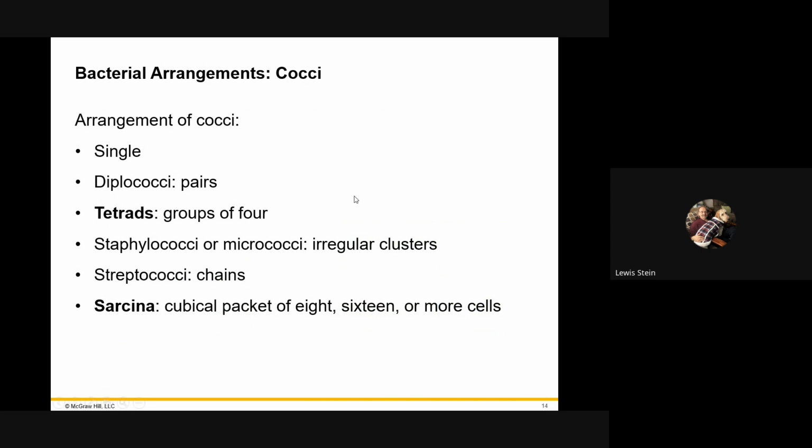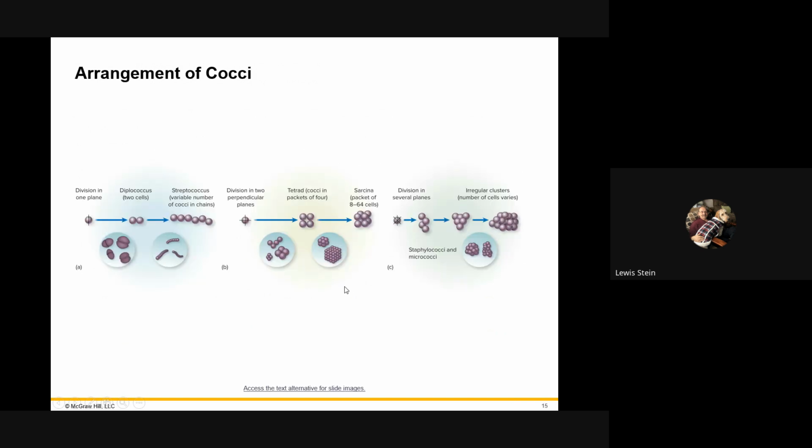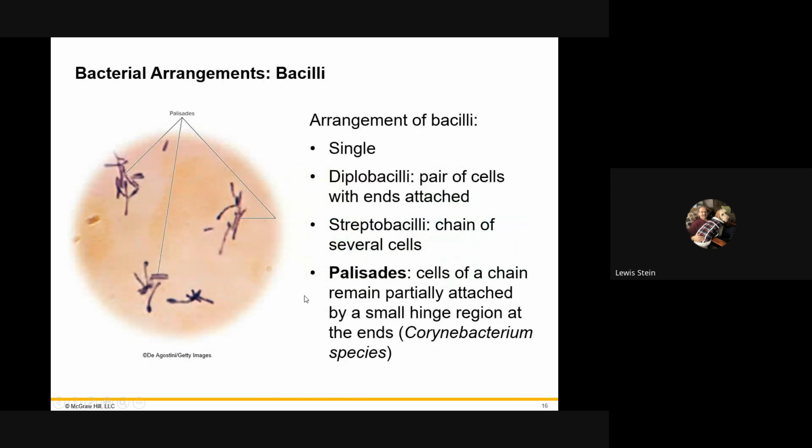But we've taken to naming them, even though they're the same, because sometimes they'll be in chains, sometimes they'll be in pairs. Staphylococci or micrococci, which you work with in the lab, form those clusters that you saw before. So here you can see if they have one plane, pairs or chains, little packets, we don't see so much, and then these irregular shaped clusters, staphylococci.